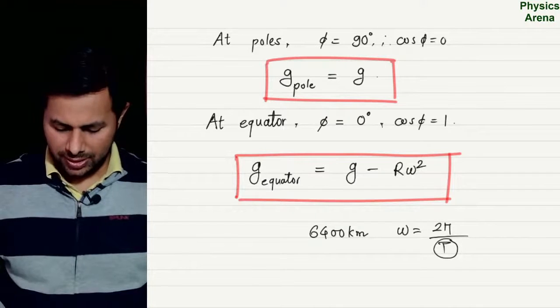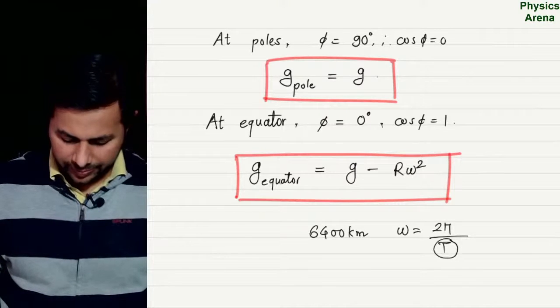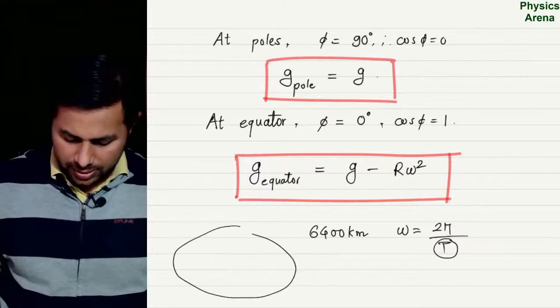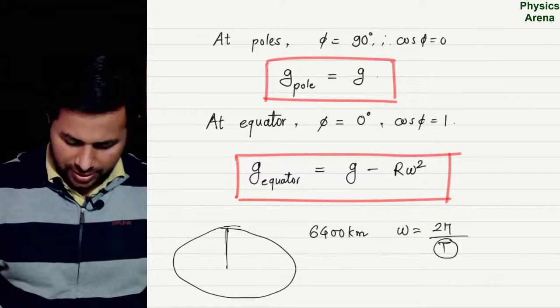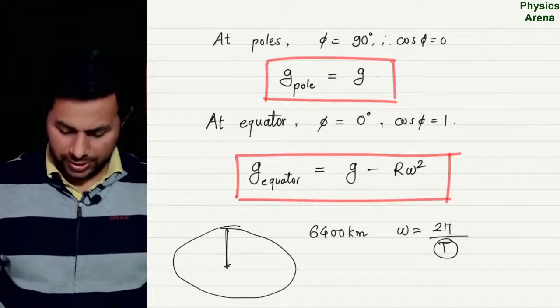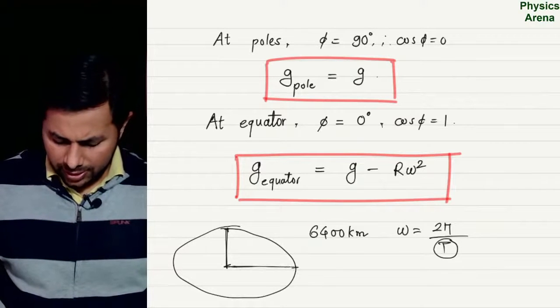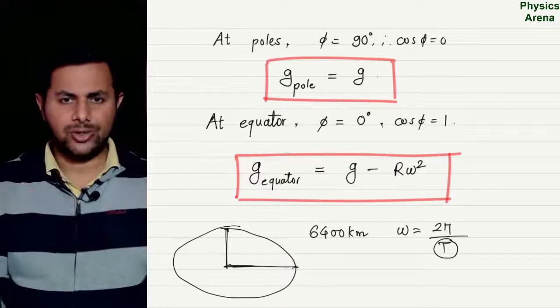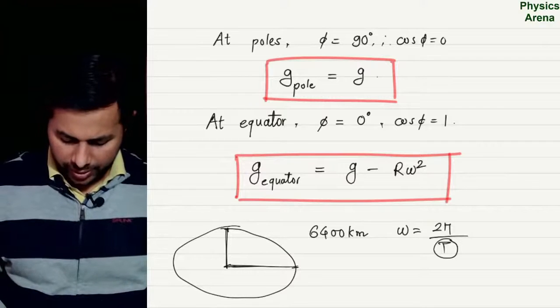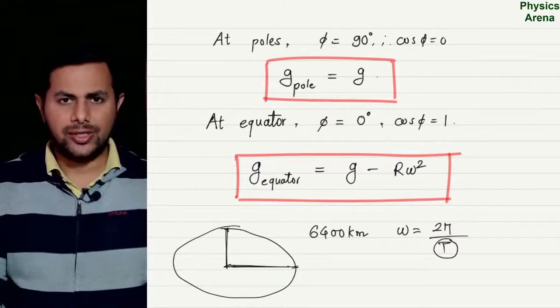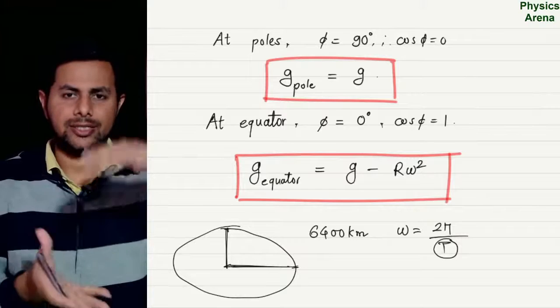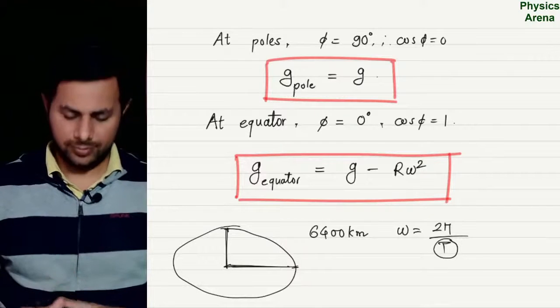And there is another fact that the radius of Earth is not constant. At poles it is different. So Earth is like an ellipsoid. It is bulged at the equator and flattened at the poles.